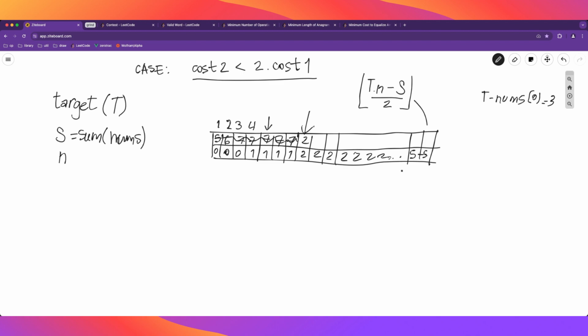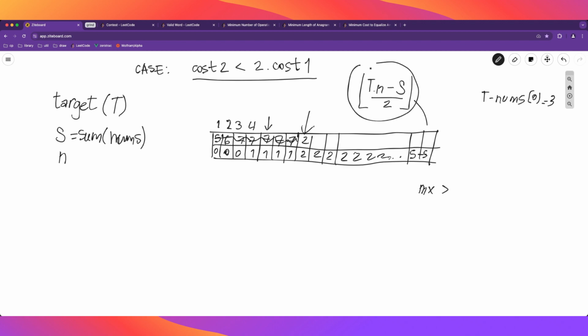But that's only going to happen if the maximum of nums, let's call it mx, is greater than this number, right?